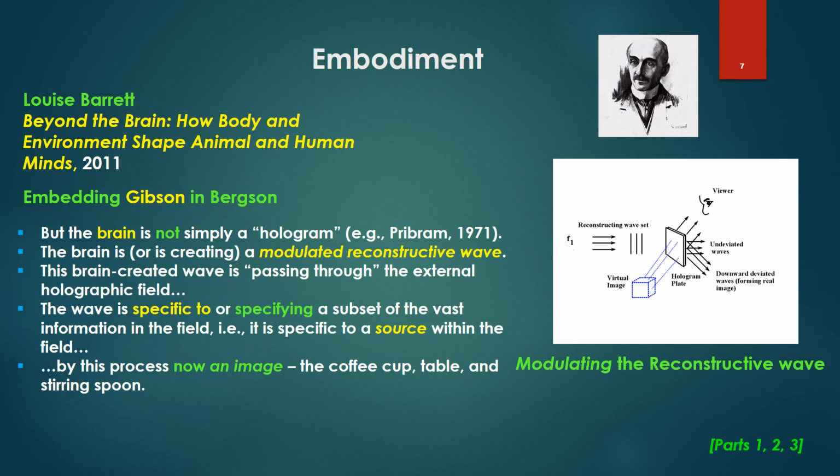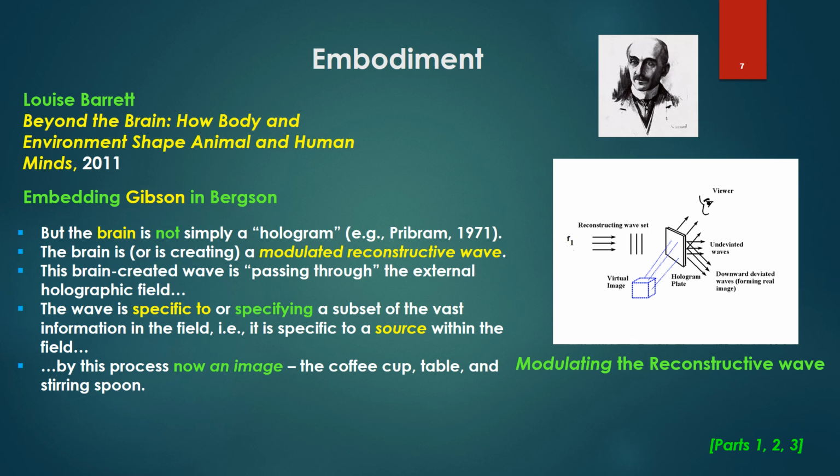Or we could have stored with another reference wave a little wine glass, modulate the reconstructive wave to frequency 2 and see the wine glass. Go back to frequency 3 and see the cup. Or back to frequency 1 and see the cube. So this is what is meant by modulating the reconstructive wave.